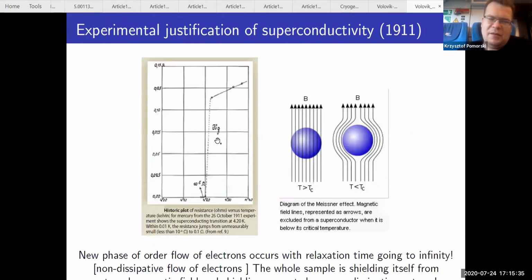All right, so let me move on. That's a very simple experimental justification of superconductivity. Essentially the occurrence of a drop of resistance shows that some kind of order is induced. In the Drude model, you can say that if the relaxation time goes to infinity, then you can reproduce the features of a superconductor.